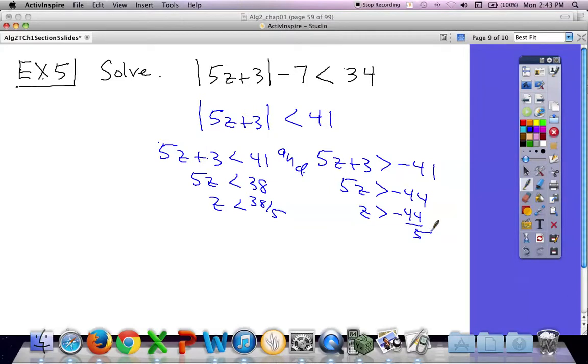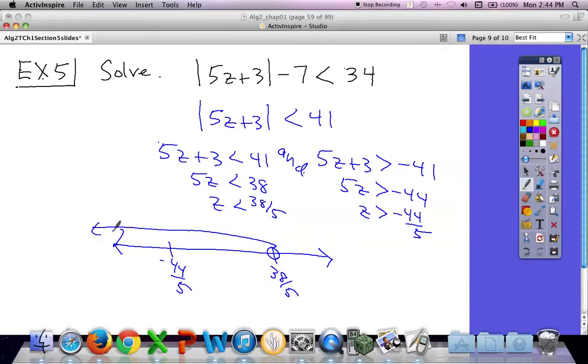So when you graph it, the negative 44 fifths is to the left. The positive 38 fifths is to the right. Z less than 38 fifths is open circle, shade to the left. Z greater than negative 44 fifths is open circle, shade to the right.